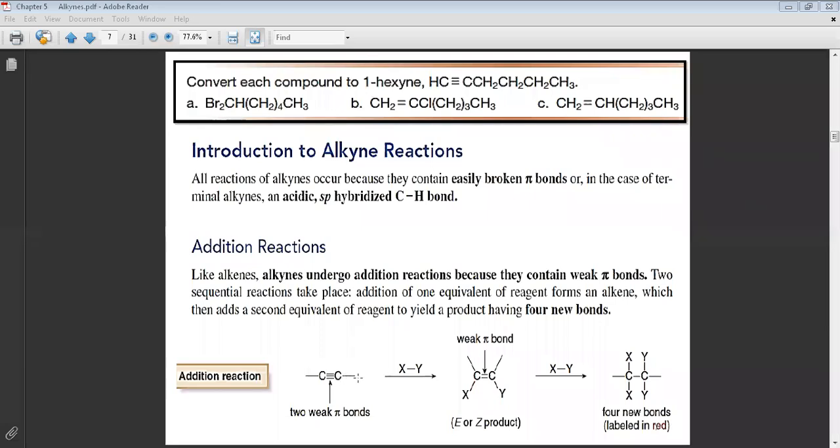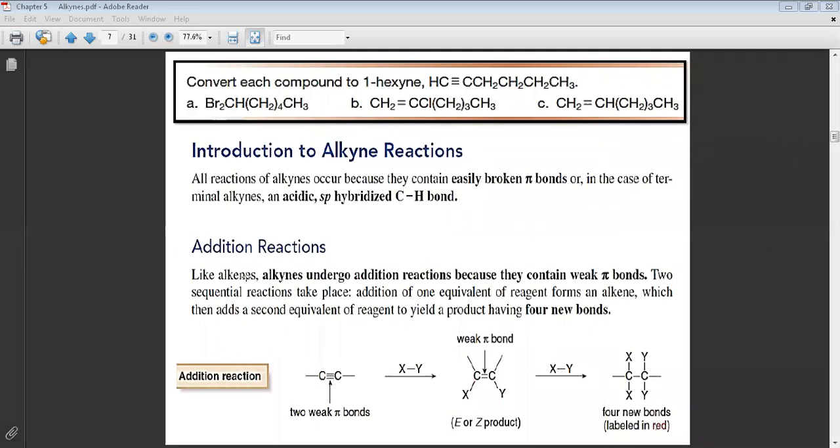That hydrogen atom on this carbon is an acidic proton. Why? Because it can be removed and give you a conjugate base, and the conjugate base is stable because of the sp character. You had this question in your exam before.